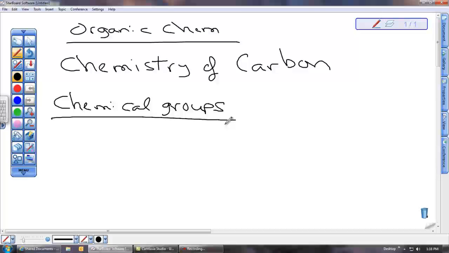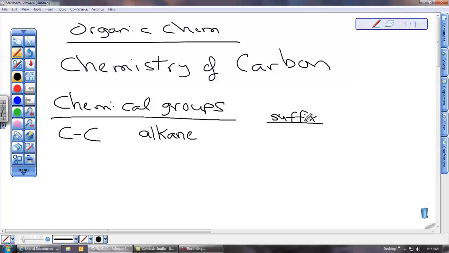So I'm going to make a list here, and I want you to memorize this list. So first of all, when you have carbons singly bonded to carbons, that is a chemical group called an alkane. The naming system we're going to study includes the chemical group as a part of the name. So it's important we understand how to indicate what chemical group is present with the name.